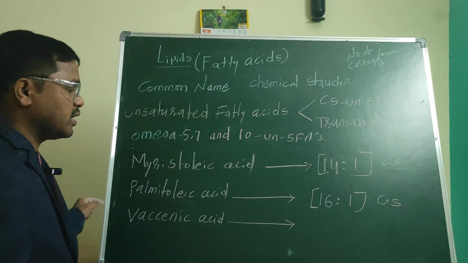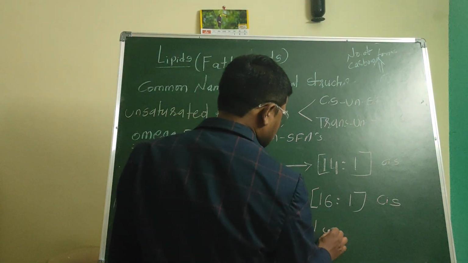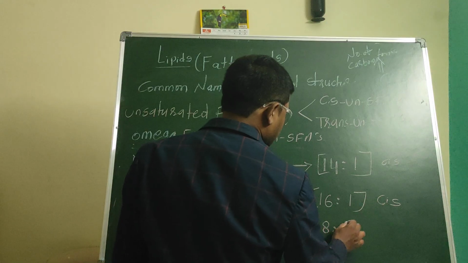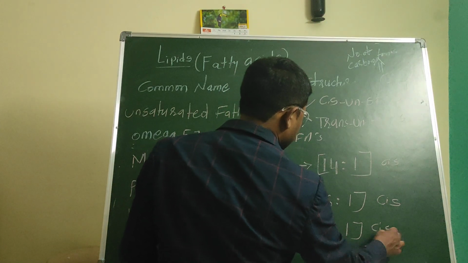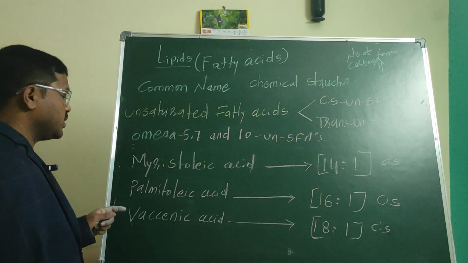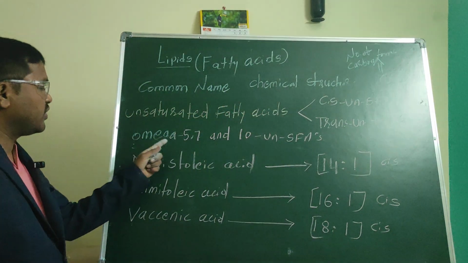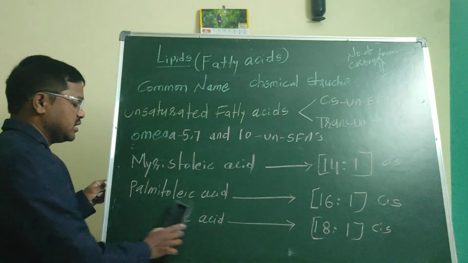The number of carbon atoms in ricinoleic acid is 18, the number of double bonds is 1, and this is 6. These are important omega-5, 7 and 10 unsaturated fatty acids.